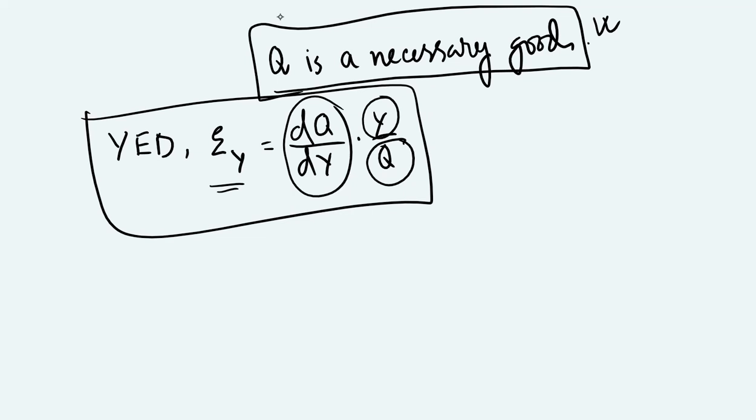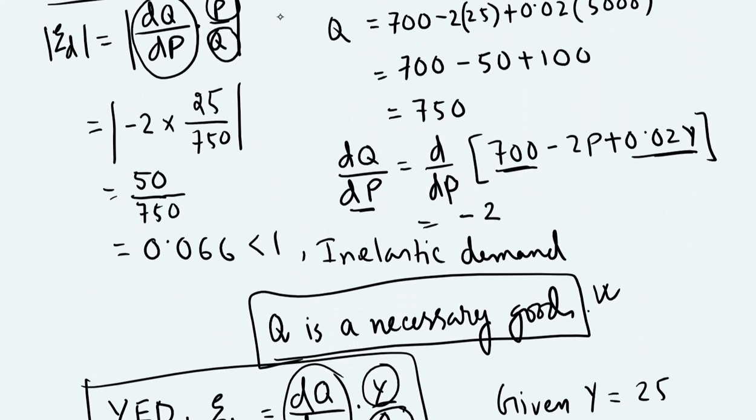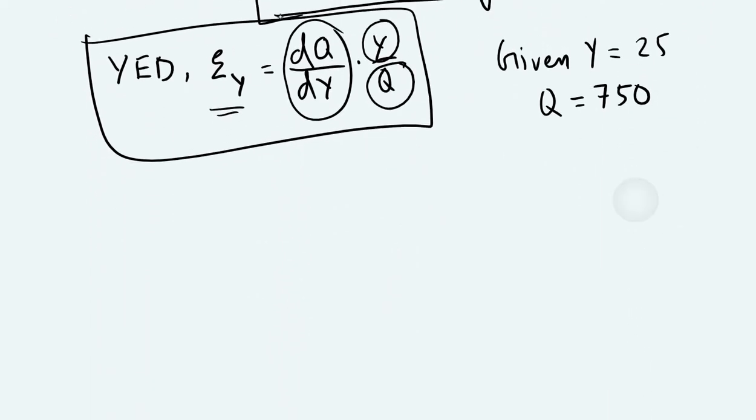Y is given, so Y equals 5,000. We just found Q equals 750. You can see here Q is 750, and now we need to find dq by dy.